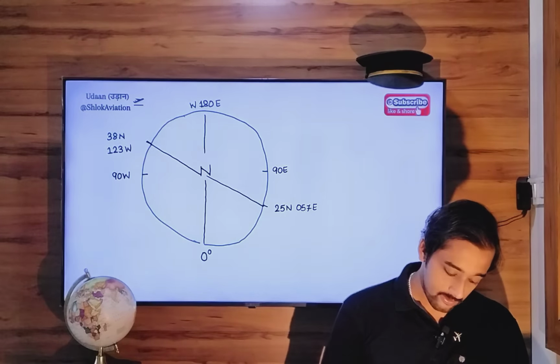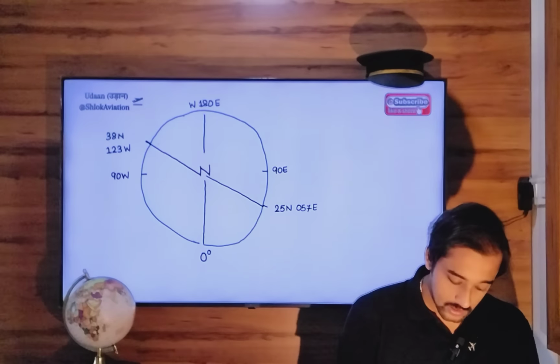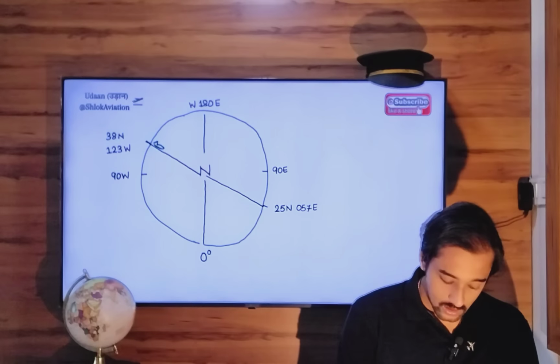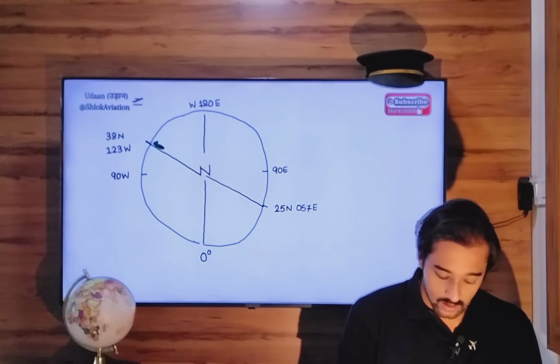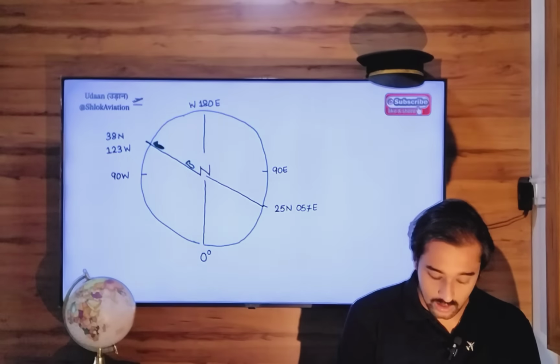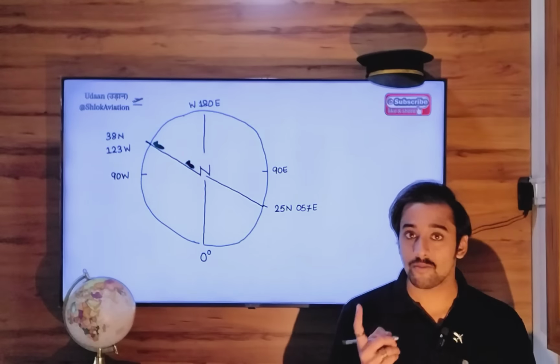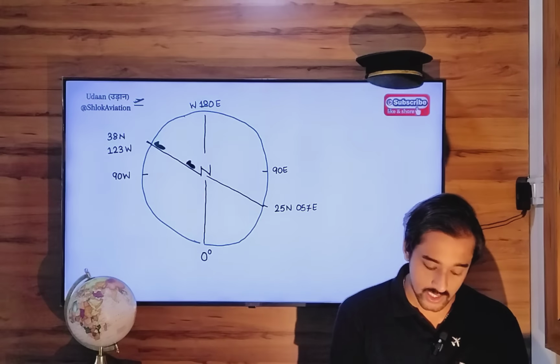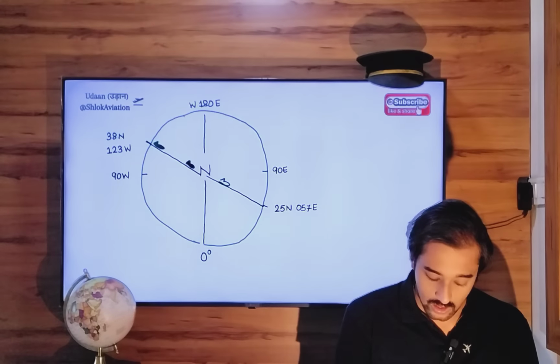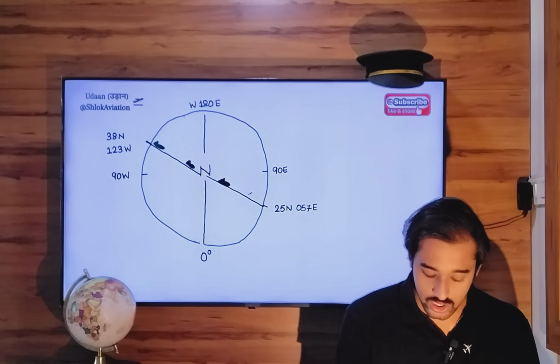So your plane will fly from San Francisco across the North Pole, transition to the opposite side of the earth, which is the Eastern Hemisphere, and then reach Dubai.